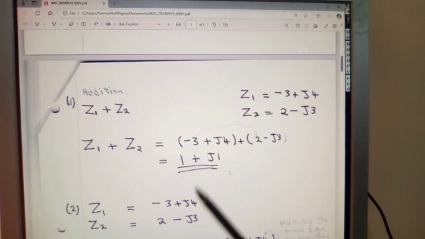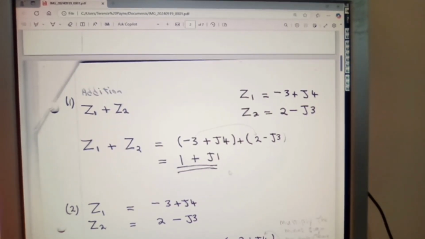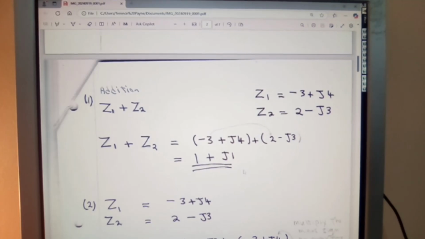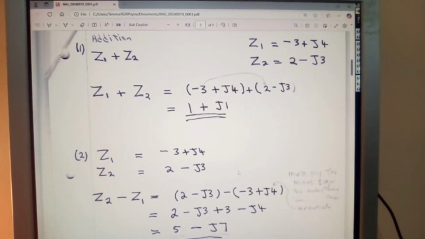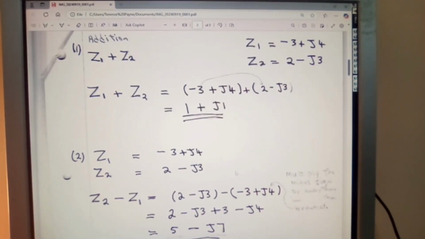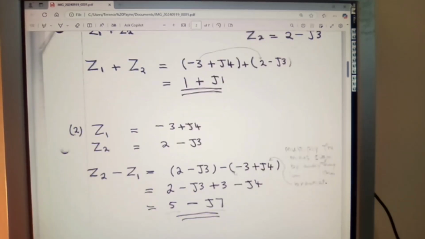No, it is plus j1. Yes, it is. From my calculations, you may disagree, but feel free to disagree. I can take it.